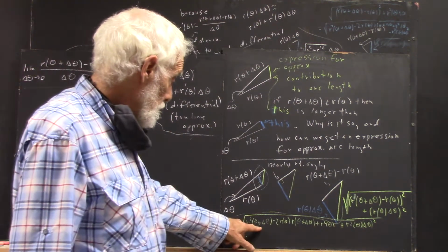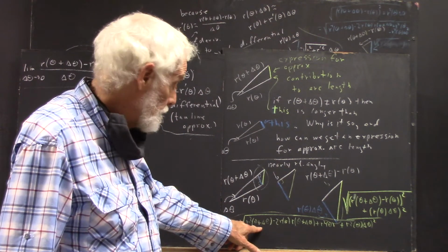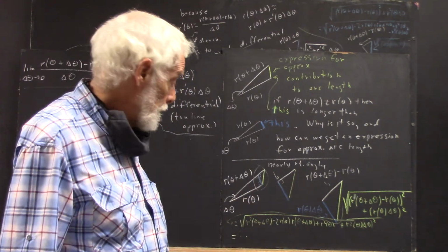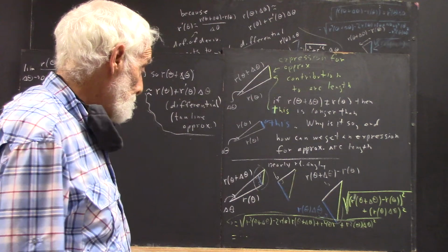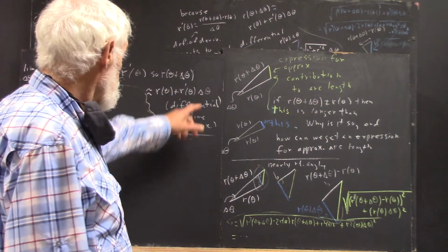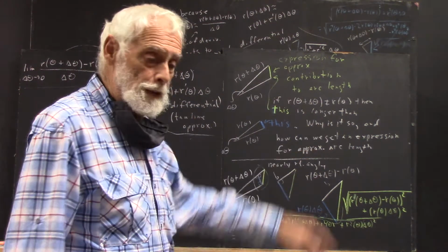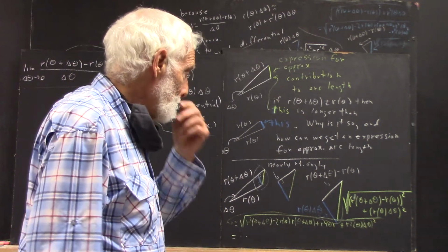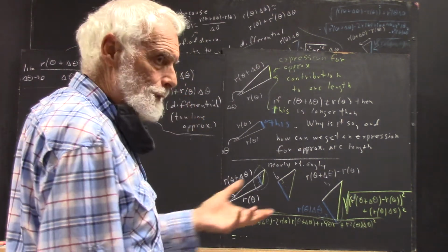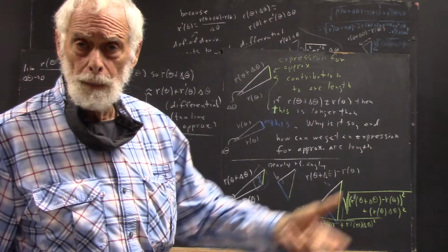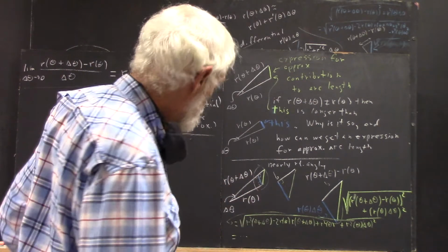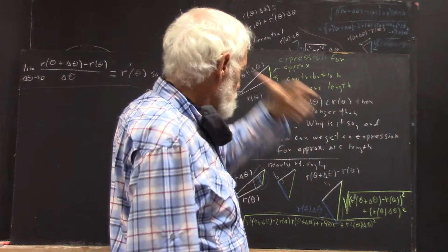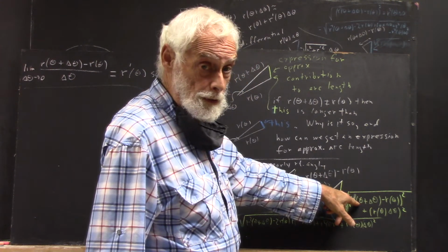Okay, well, how is this going to be useful? Well, we can plug it in here for R of theta plus delta theta, have to square it and all that stuff. We plug it in here for R of theta plus delta theta. So we're going to get some delta theta squareds and stuff, okay? We do all that. And I kind of recommend doing that as an exercise and thinking about what it means. However, much easier to do it here.